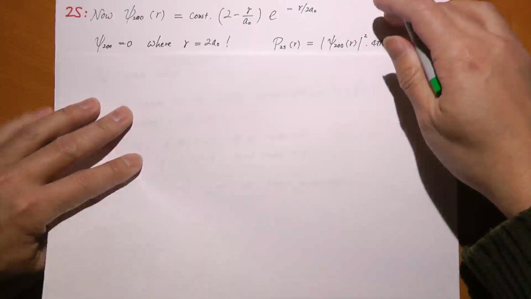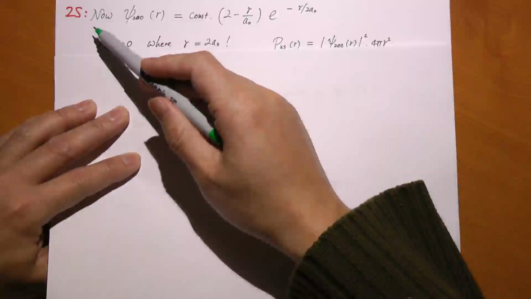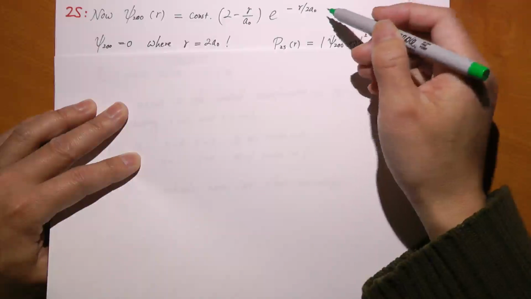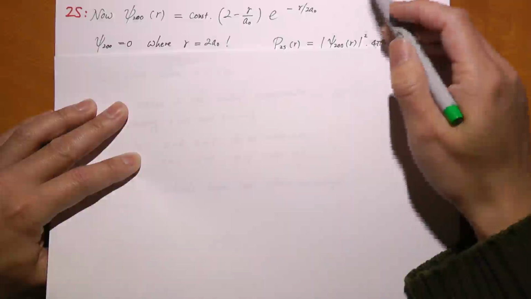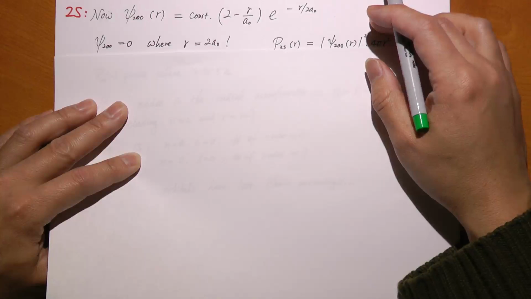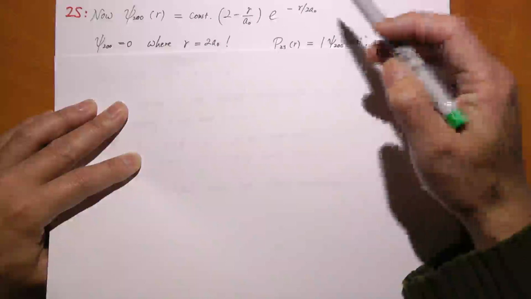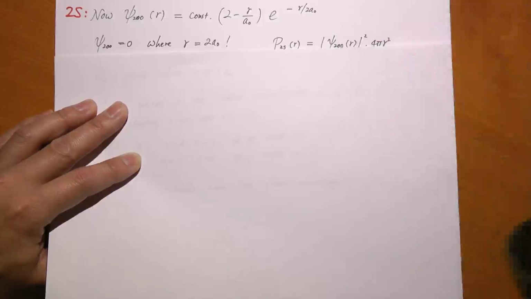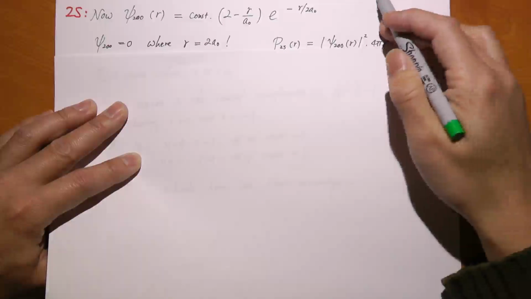For the s state, the angular part of the wave function, I didn't write it down because it's spherically symmetrical. s means l equal to 0, and m has no choice but to be 0 as well. So you have just a constant for the angular part of the wave function. I didn't bother to write it down.